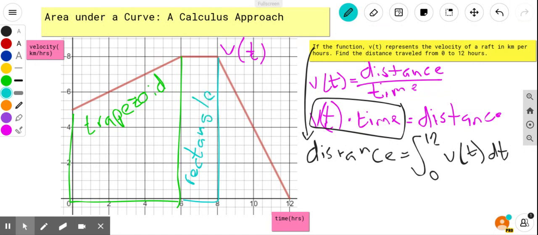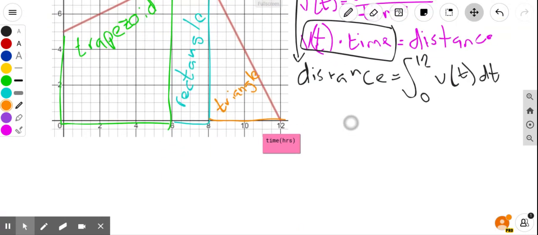And then I'm just going to finish off by having a triangle. All right. I've taken the original graph, now I've made it into 3 shapes. I should know how to find the area for each of those 3 shapes, and if not, well, I can find those formulas real quick by using the internet.